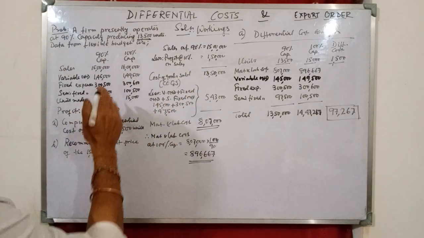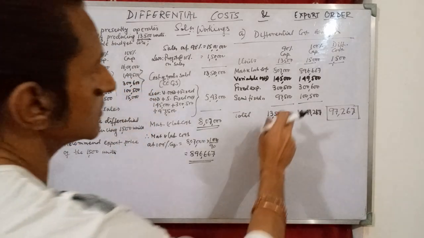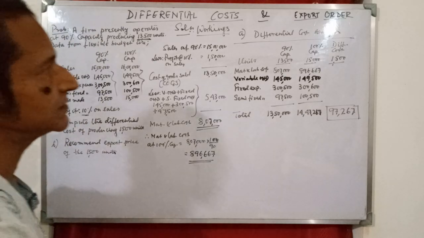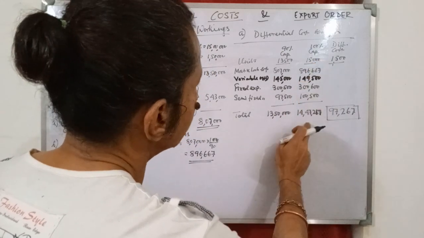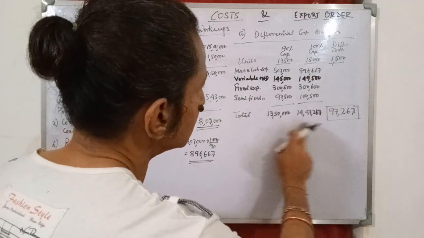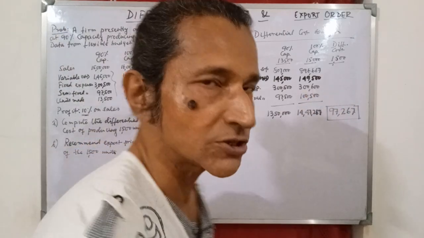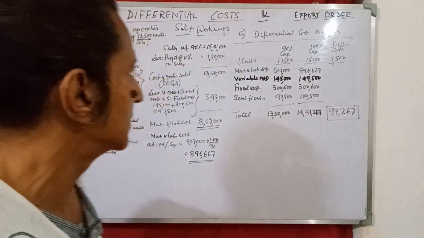Other costs are given here. We have simply put them here. So we have found out the total cost of producing 13,500 units and 15,000 units. The difference between these two is 97,267, which is the differential cost of producing 1500 units. So part A of the answer is complete.